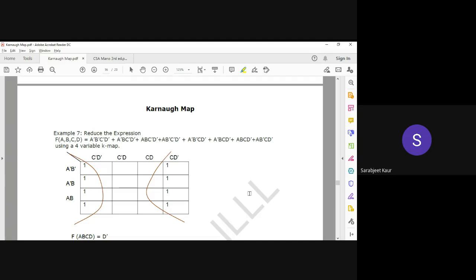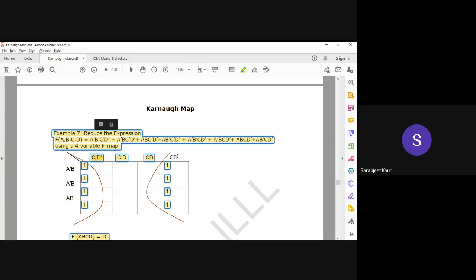Now the next step is to reduce. When I try to reduce, what do I find? Again, as in the previous case, A and A prime cancel each other, and so do B and B prime. Now let us have a look at the columns. These two columns are involved, the first column and the last column.